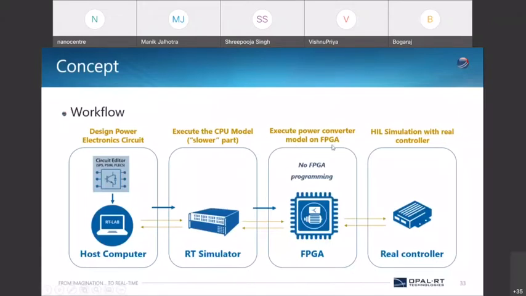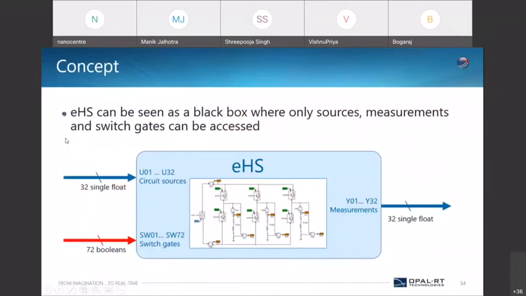And the last thing: if we want to connect a real controller with the simulator, we have the provision of IOs for the real controller. This is what I was trying to convey earlier. When we want to use the EHS, we need not go for learning the FPGA. EHS in itself is just a black box.